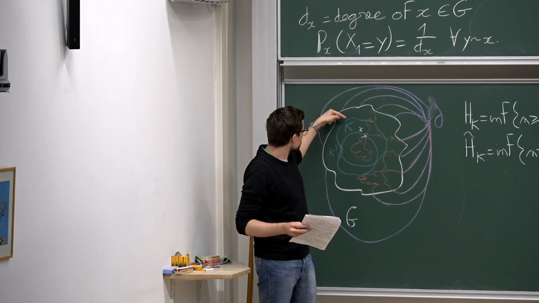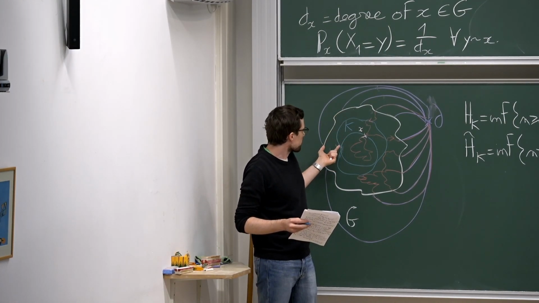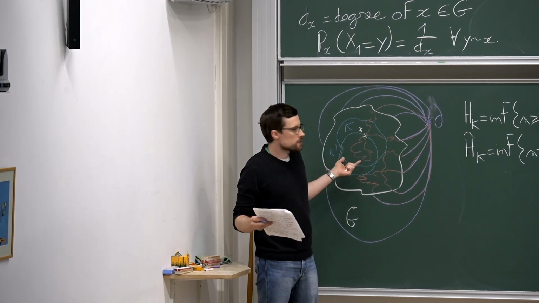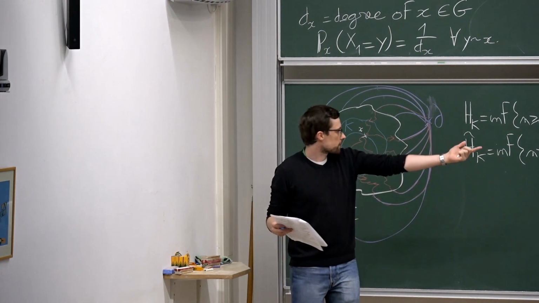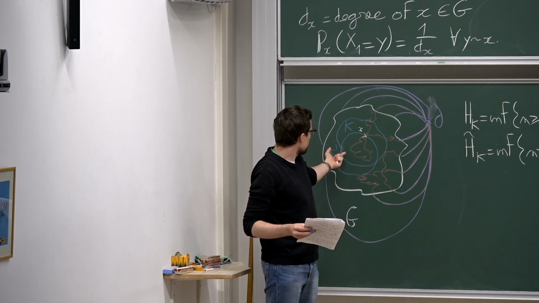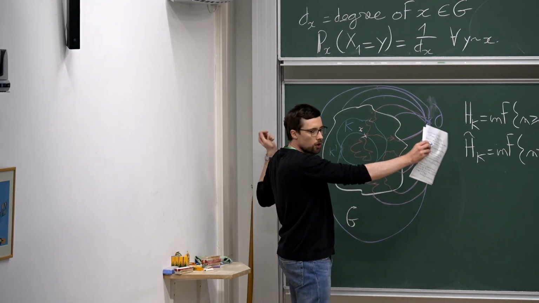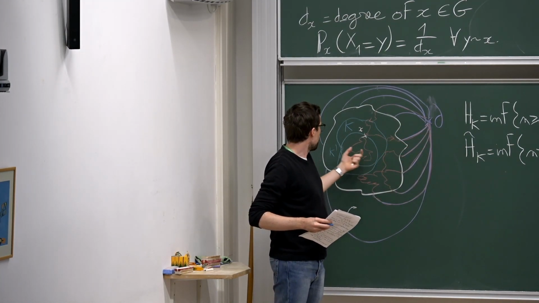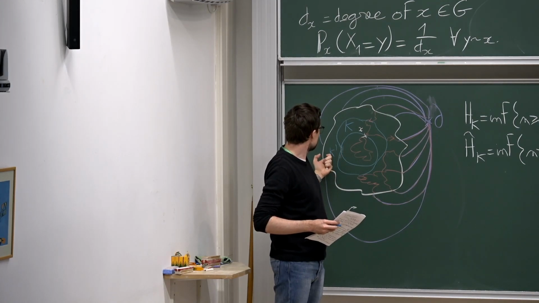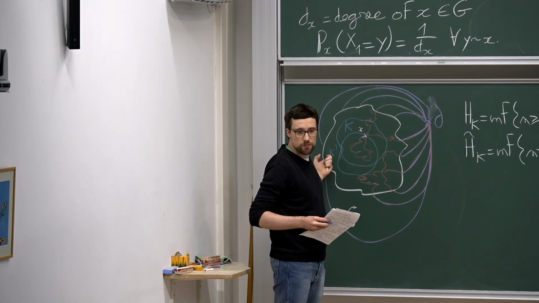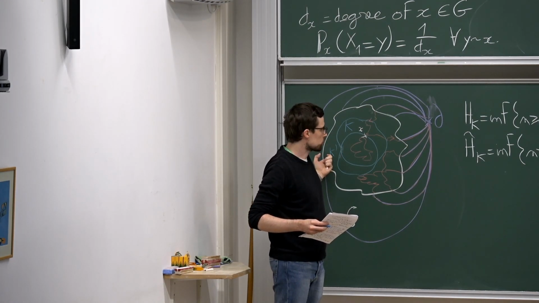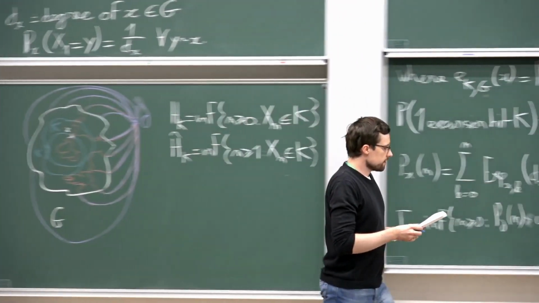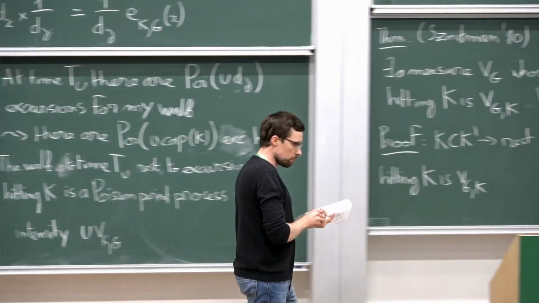So if I first restrict to K prime and then to K, I get the same thing. So on a finite graph, this is just trivial by what I just proved. And then on an infinite graph, you just take the limit when the boundary goes to infinity, and you get the same result just by convergence of both measures. And then, once you're there, this is just Kolmogorov extension theorem.